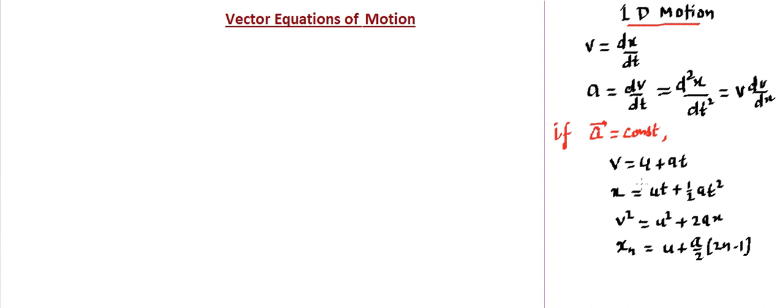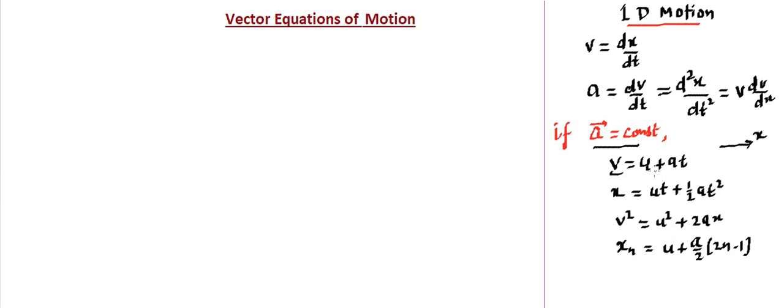We can also make one more equation by eliminating a out of these two equations. So ultimately, if you look carefully, you will find these two equations are the main equations, and the rest of the equations are derived from these two equations. Anyway, these equations are valid for constant acceleration in one-dimensional motion, and they have been written in terms of magnitude, and the direction is included because it is going to be either plus x direction or minus x direction.